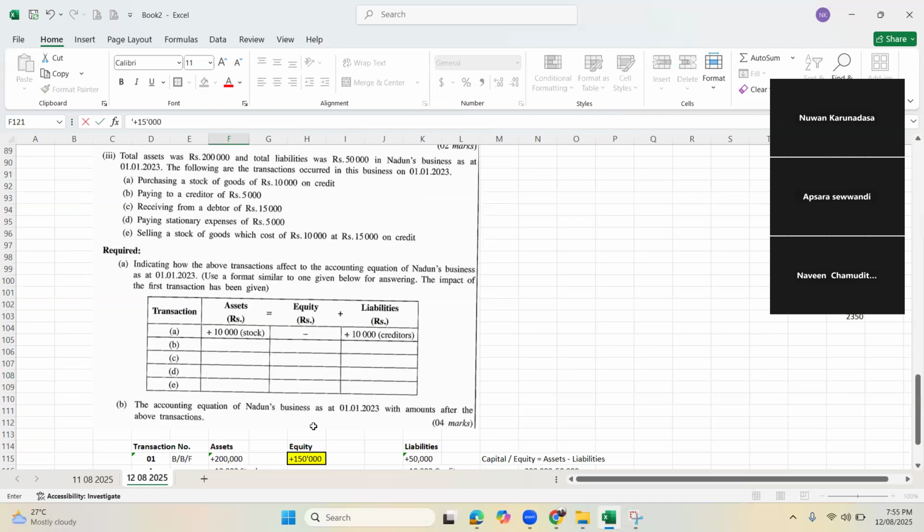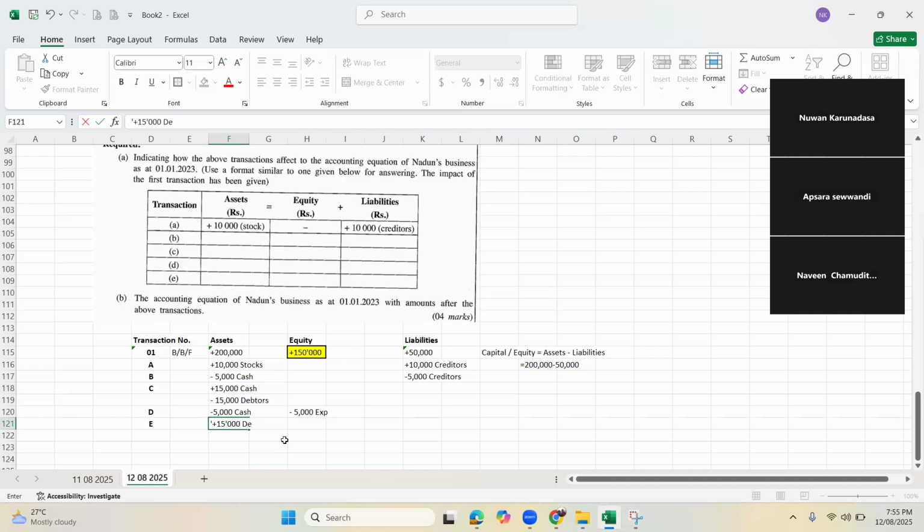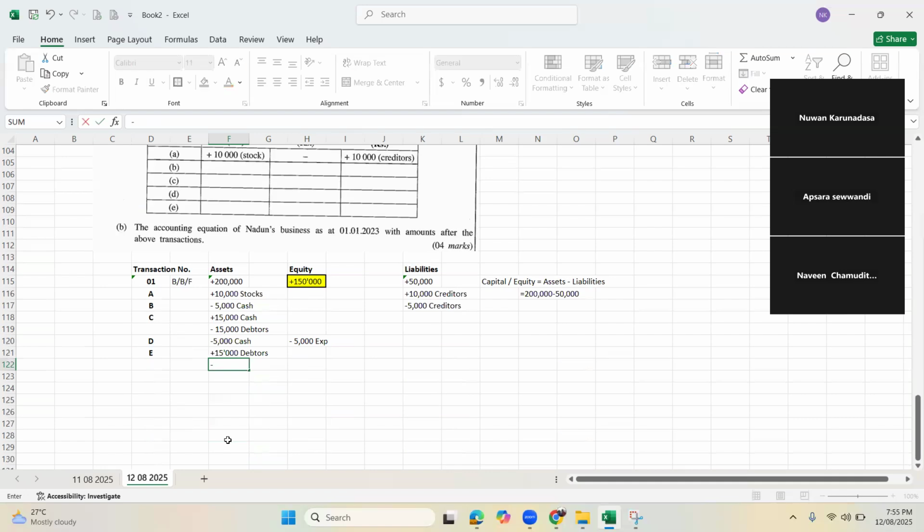Credit means not cash, it's debtors. Debtors increase by 15,000. What's going out? Stocks, minus 10,000.